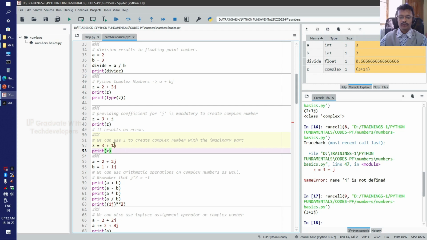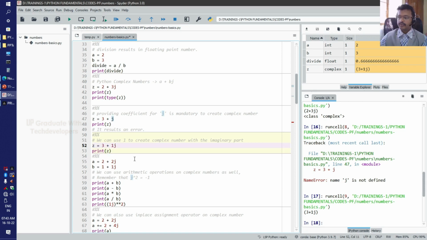In Python we have to use j. It is mandatory, okay? And also the coefficient for j is mandatory, even to create a zero imaginary part or an integer valued imaginary part.